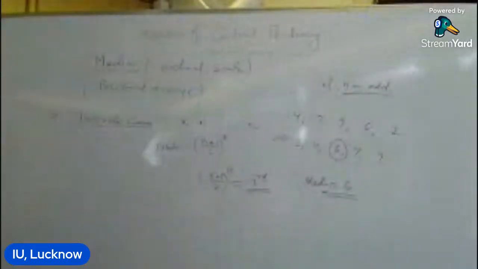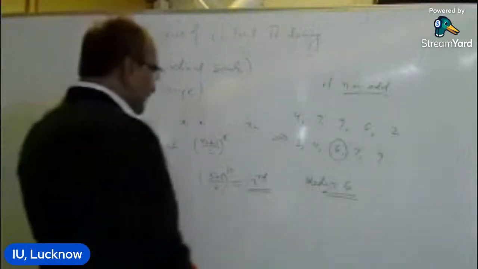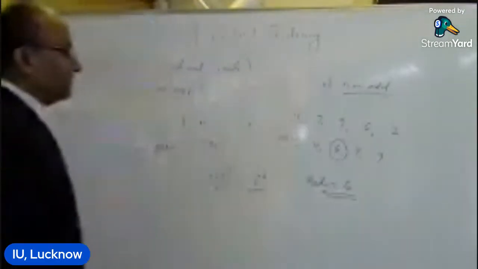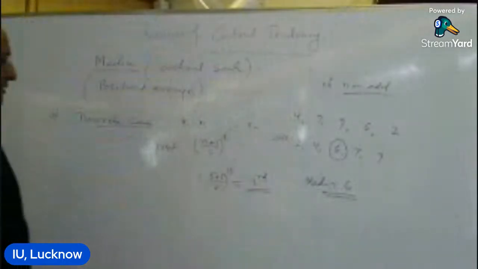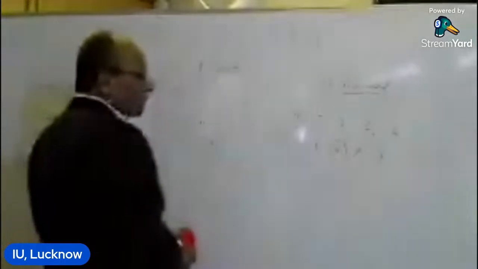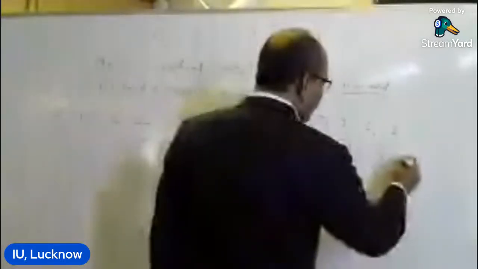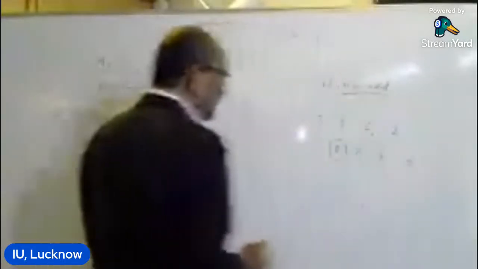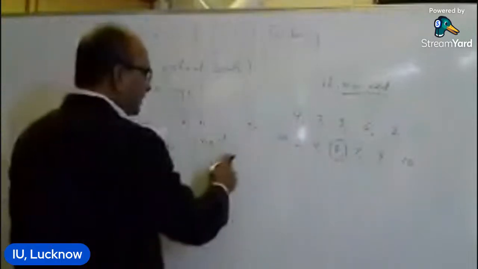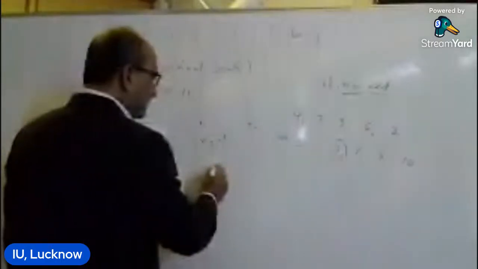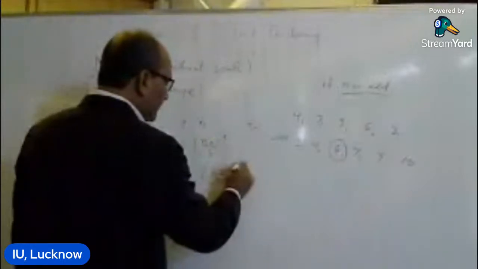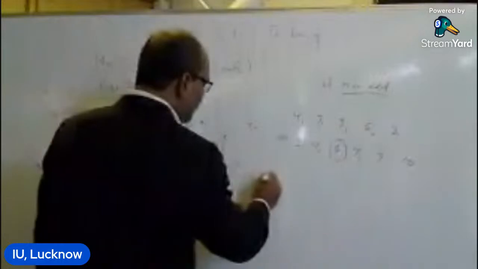If n is an even number, you can also use this formula. What will be the changes? Suppose we take one more observation here, 10. In that case, take n plus 1 by 2. So here n is 6. 6 plus 1 divided by 2 is 3.5.